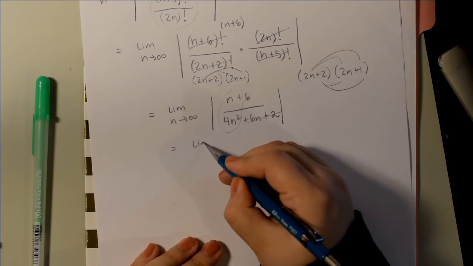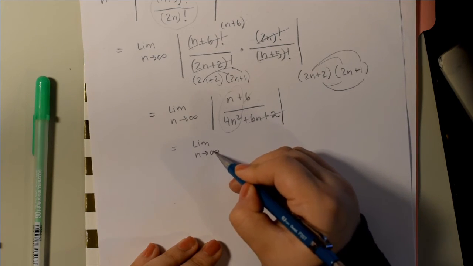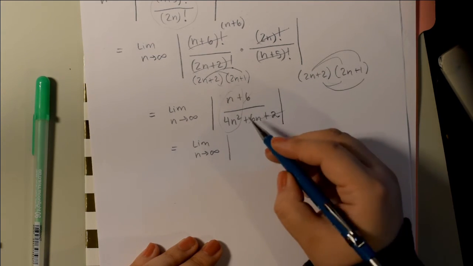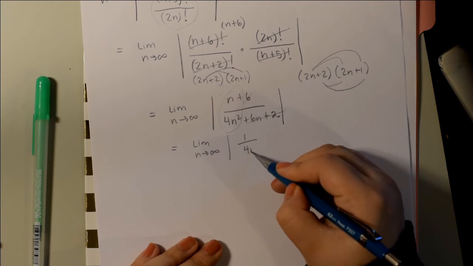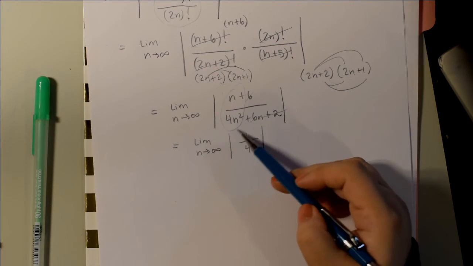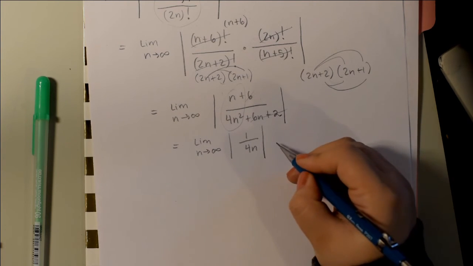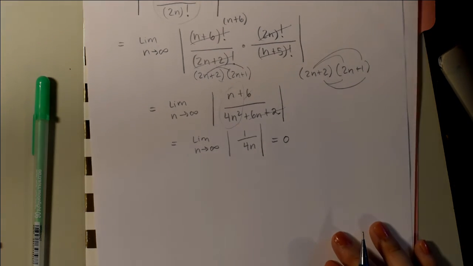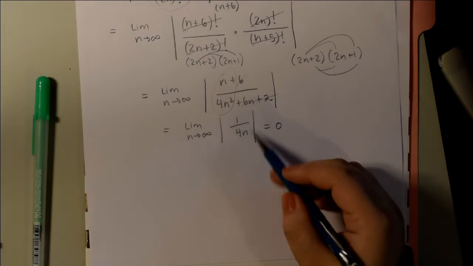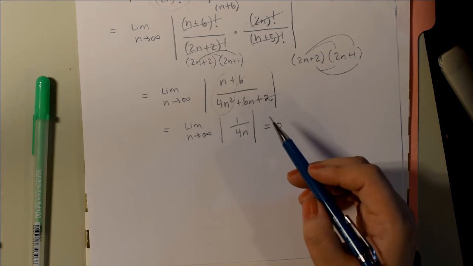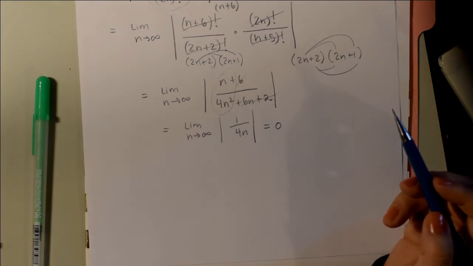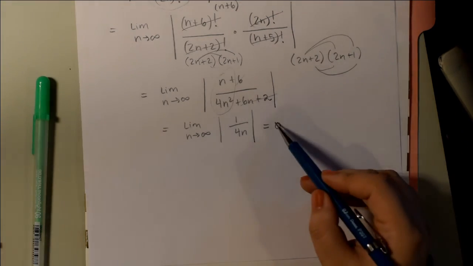So this would be the same as the limit as n approaches infinity of 1 over 4n, because the bottom has a 4n squared and the top has just an n, so that means this limit goes to 0, and we don't need the absolute value in this case because we're taking n approaching positive infinity.